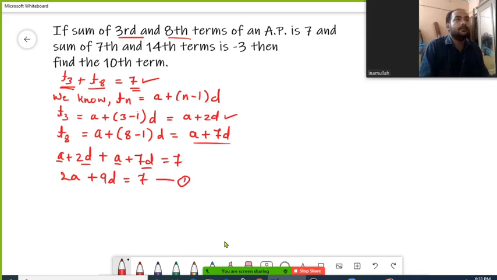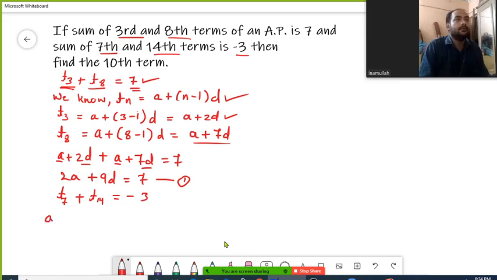Same way we can find out another equation with the help of the second set of information. Sum of 7th and 14th term is minus 3. So according to the second condition, T7 plus T14 is minus 3.